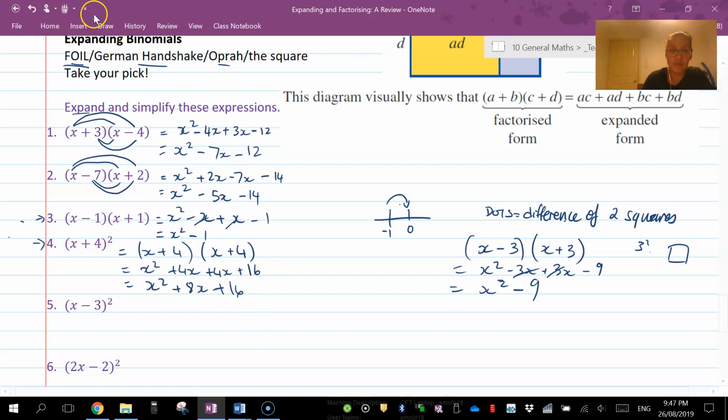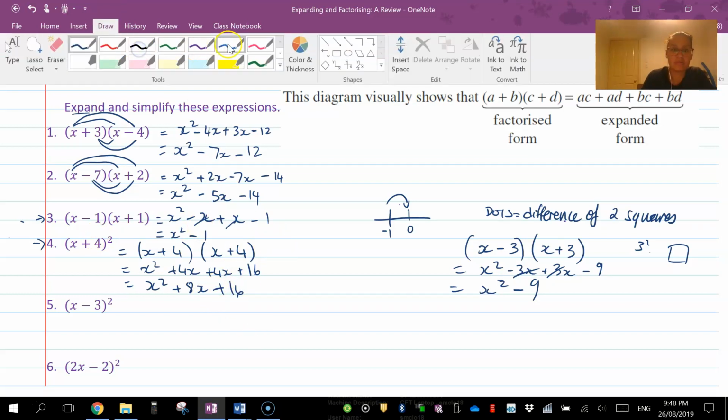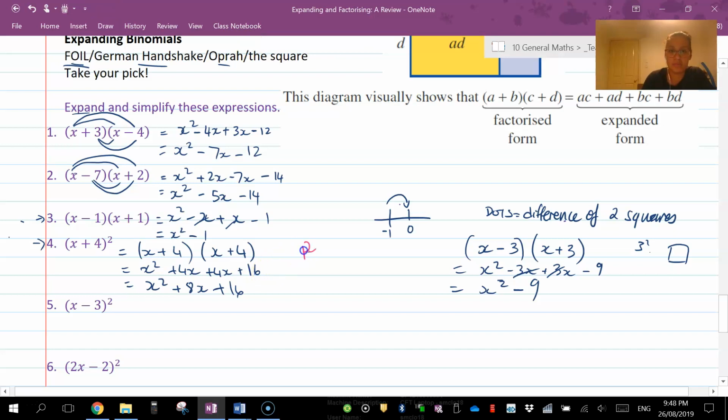This is what we call perfect squares. So when you have a multiplication, an addition, and it's been squared, you double this number, because you're having two lots of it, and you square it, and then that results in this pattern here.